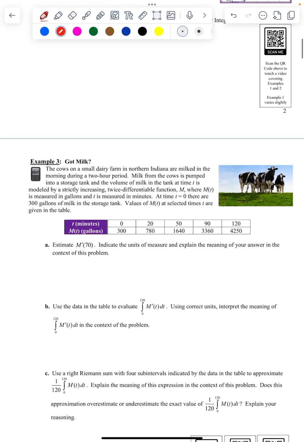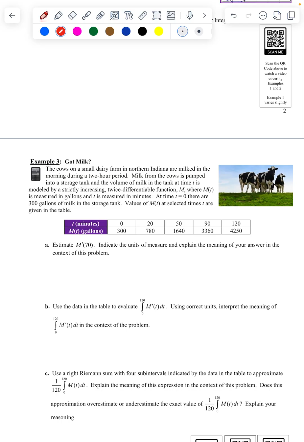All right, next example. Got milk. The cows on a small dairy farm in northern Indiana are milked in the morning during a 2-hour period. Milk from the cows is pumped into a storage tank, and the volume of milk in the tank at time t is modeled by a strictly increasing twice differentiable function, where m of t is measured in gallons.